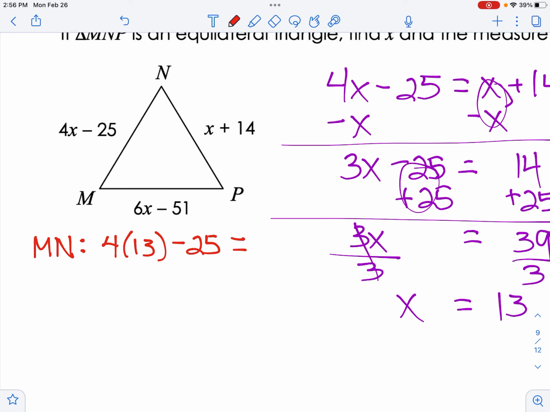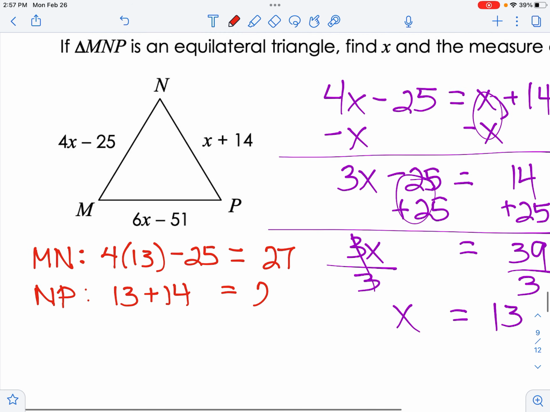We're going to multiply that, 4 times 13, so that's 52 minus 25 is 27. Now in theory, if I do all these, they should be the same length, right? So I'm going to double check. This is a good way to know if we've been doing this right. The next one is x plus 14, or 13 plus 14, which is also 27. So that's good.